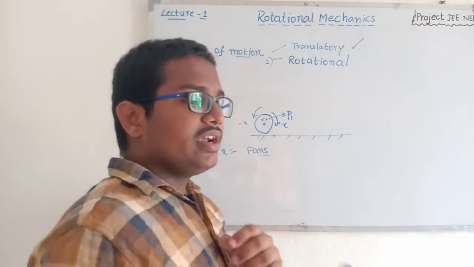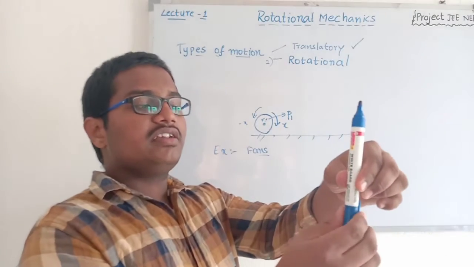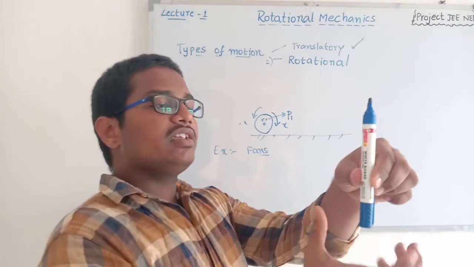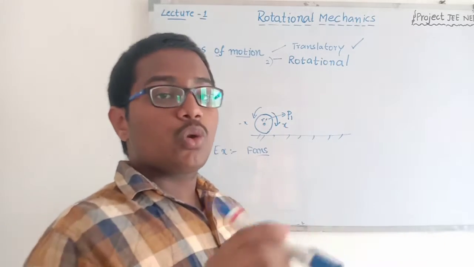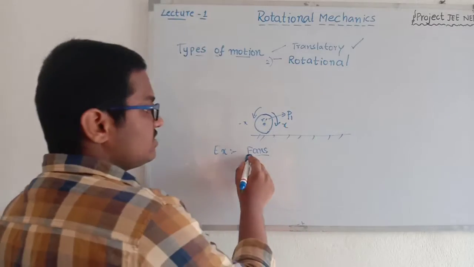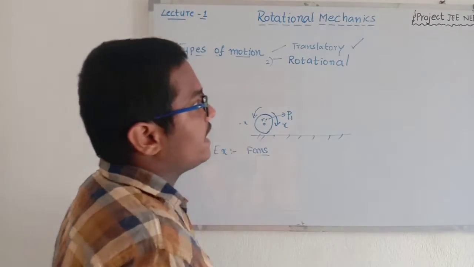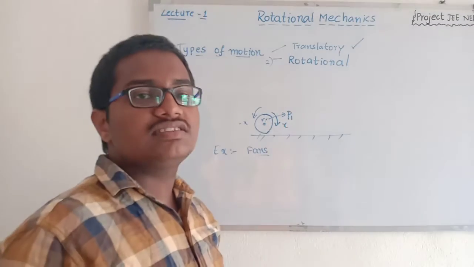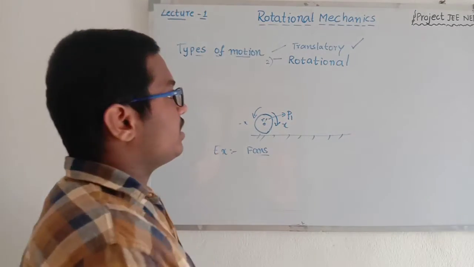The fan rotates in this direction at a constant rate, at a constant position, without changing the direction of the axis. This is the best example of rotational motion, and in the next discussion we are going to discuss the third type, which is combined motion of a rigid body.